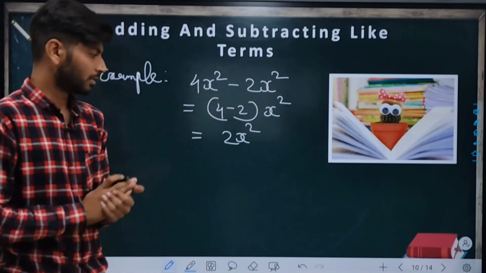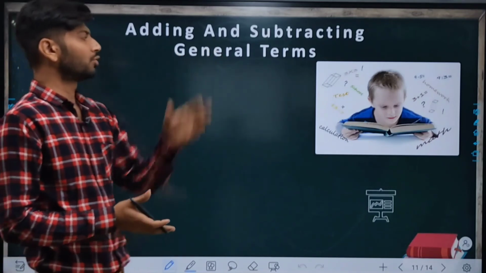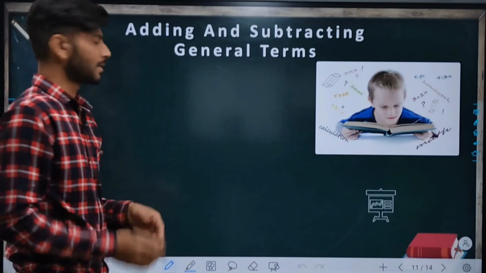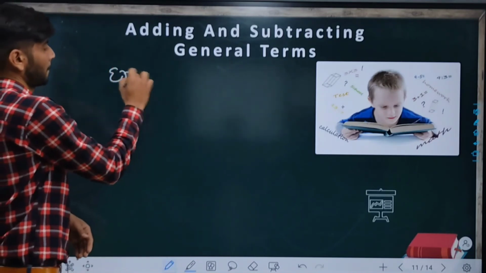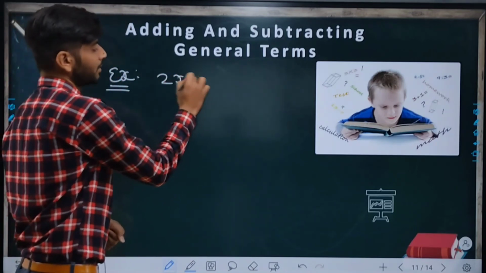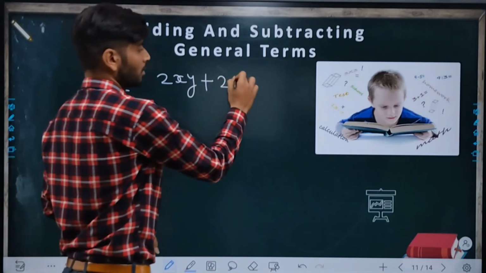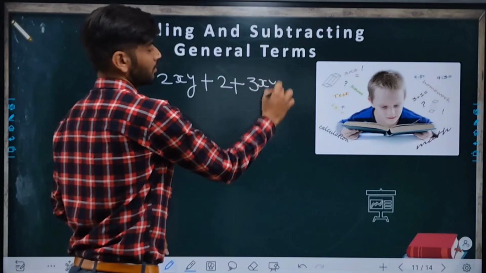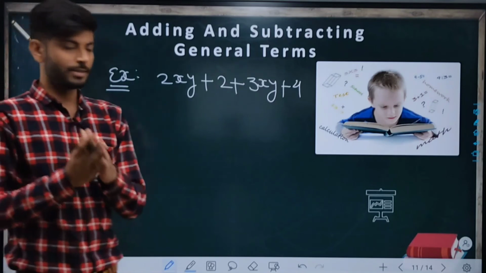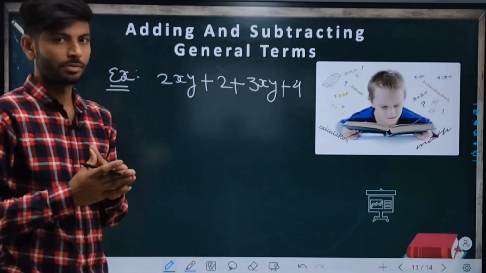Let's see now the next topic, how to add and subtract unlike terms, or you can say general terms. Let's understand it by one example. We have 2xy plus 2 plus 3xy plus 4. Now you can see the 2xy and 3xy are like terms.